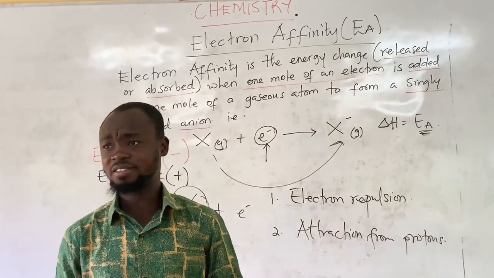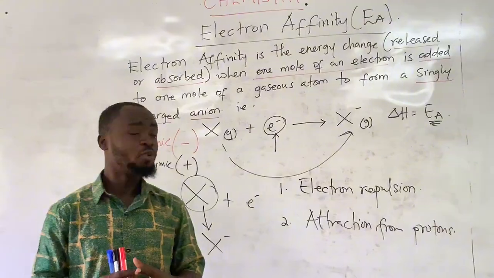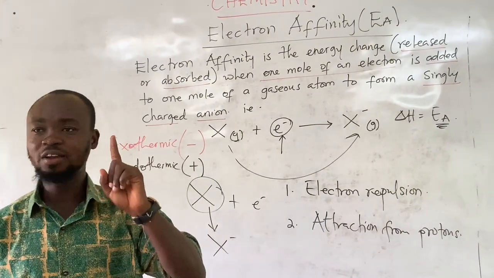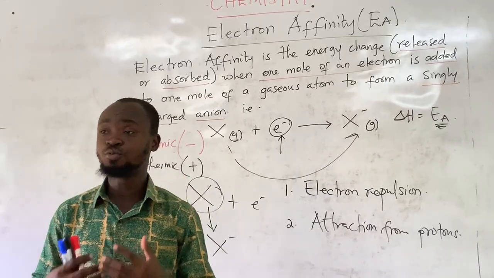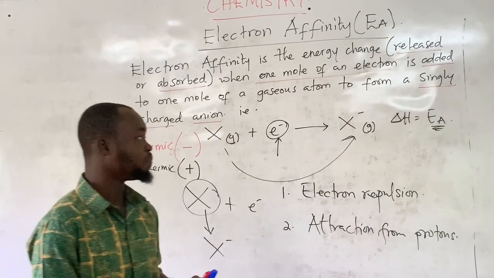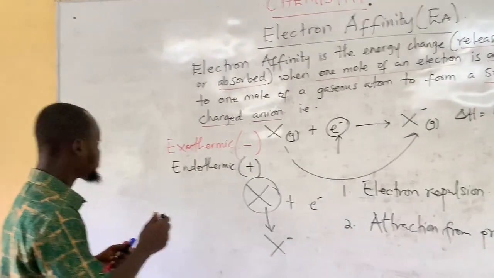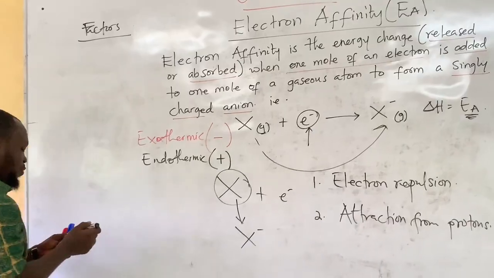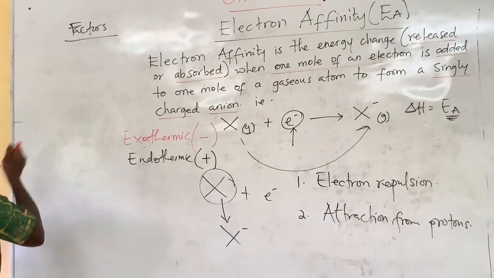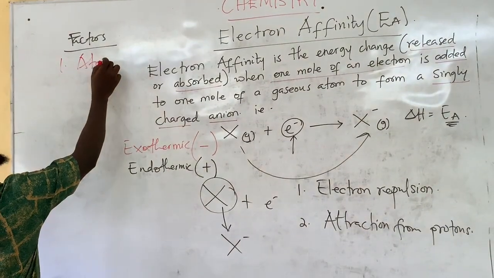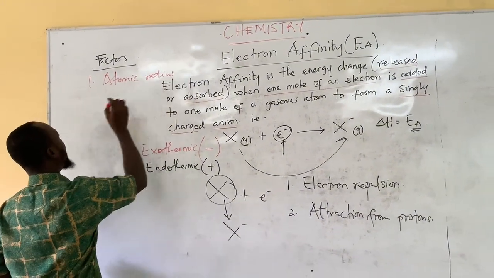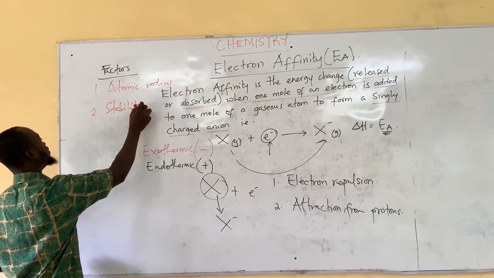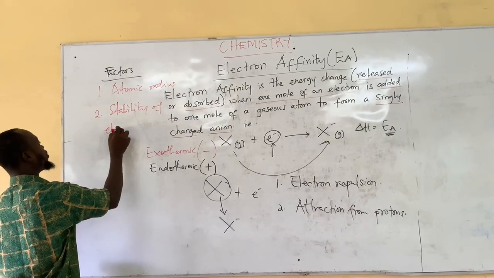Now, what factors account for the variation in electron affinity on the periodic table? One, atomic radius, and two, stability of electron configuration.